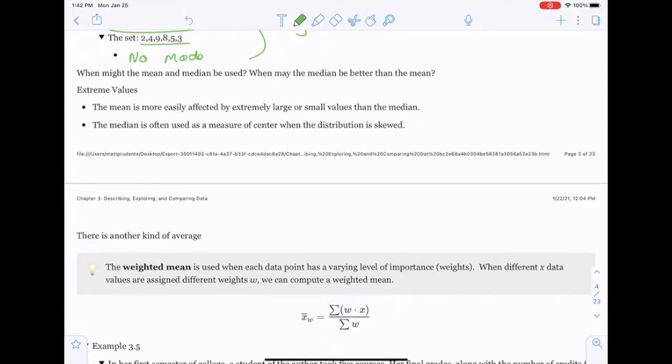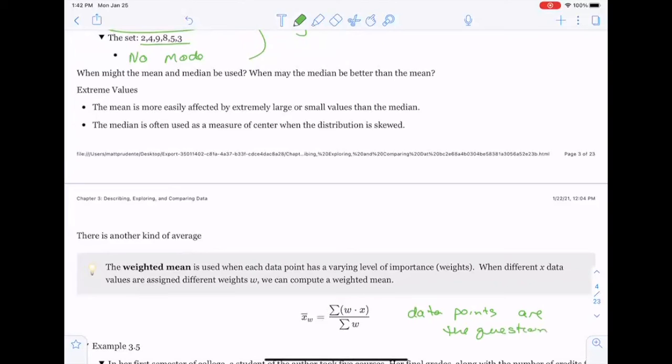These problems can be a little confusing because we're going to have two sets of numbers. A question we often get from students is, if I have two categories of numbers, which one refers to the data points and which one refers to the weights? The key is the data points are the question.